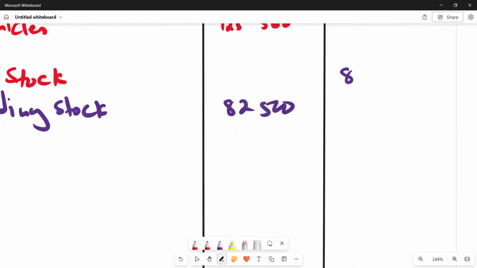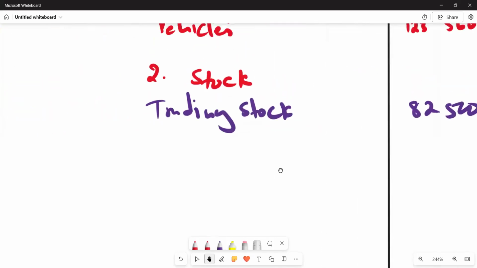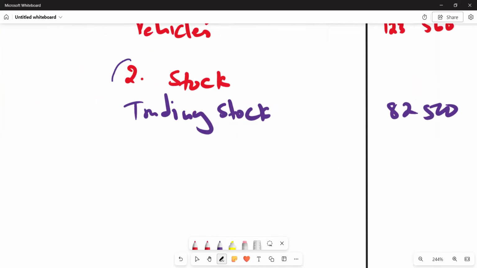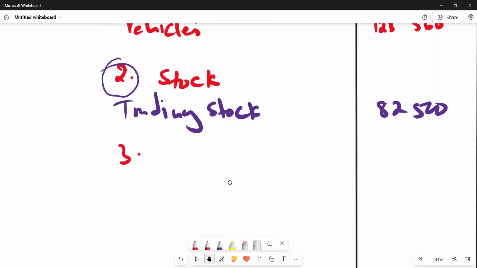So we're going to say 82,500. That's note number 2. This is the figure that we're going to transfer to the balance sheet, and we make reference of note 2. Then we go to note 3. Note number 3 is trade and other receivables.